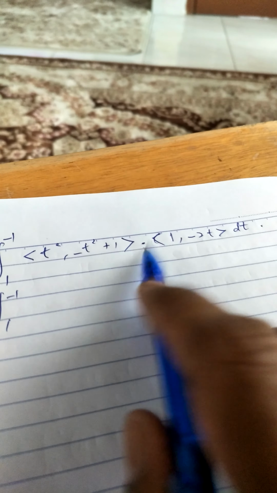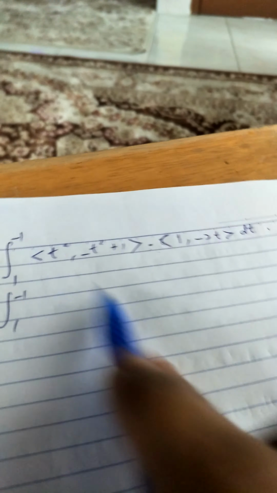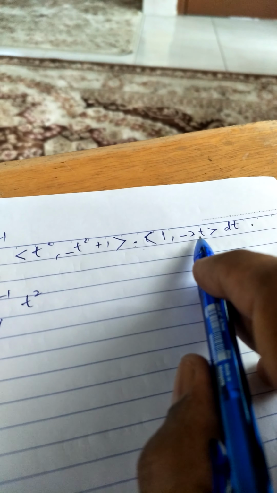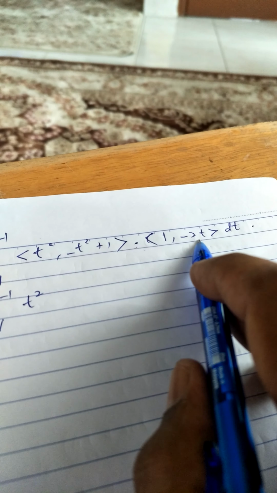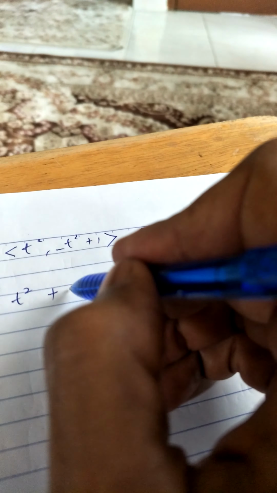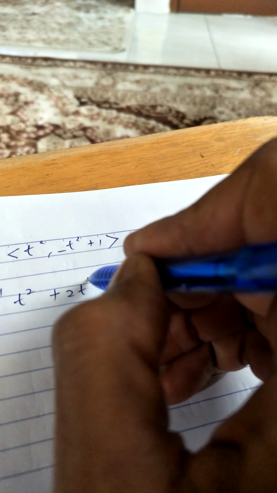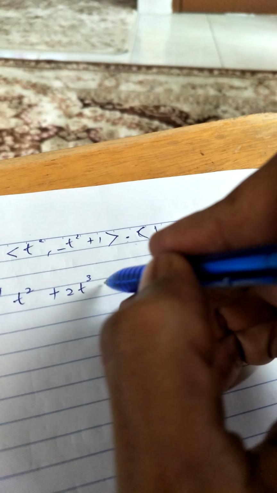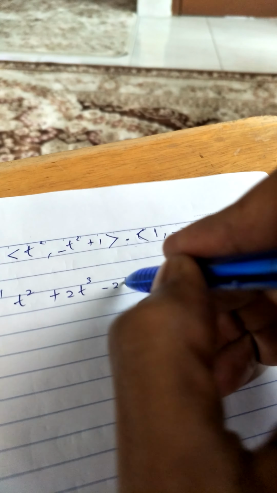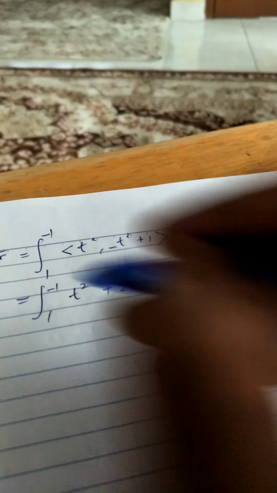This is dot product. Don't make silly mistake here. So we have t squared, that one is so we have minus, so plus 2t cubed minus 2t dt.